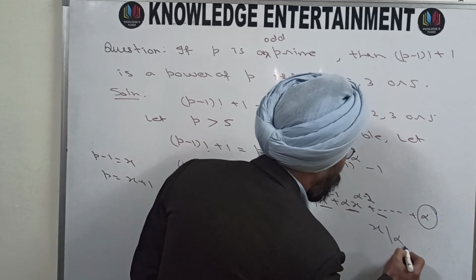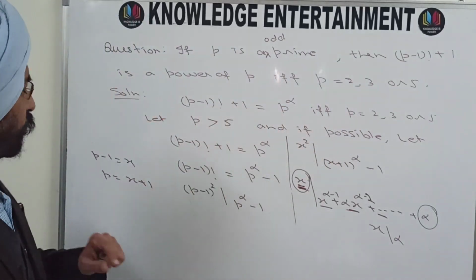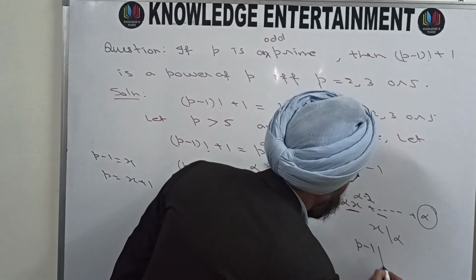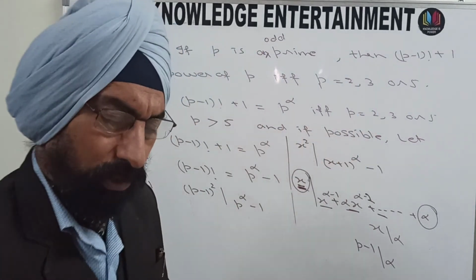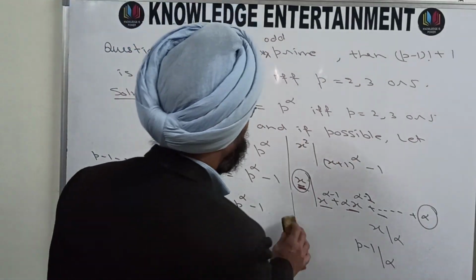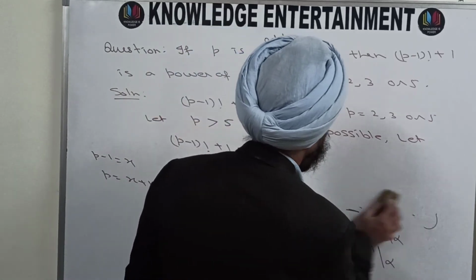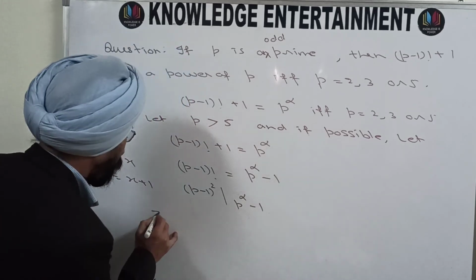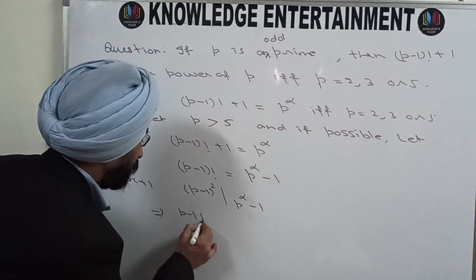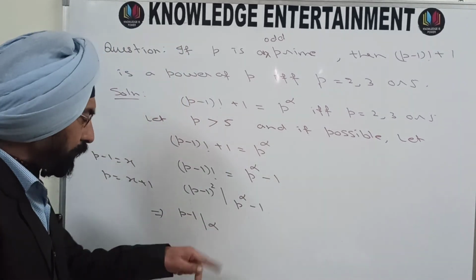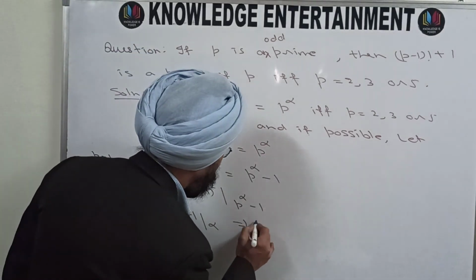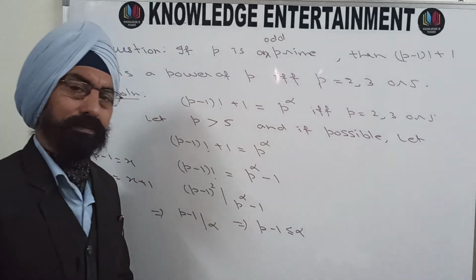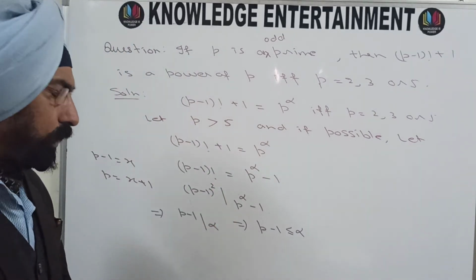So x divides alpha. What was your x? X is P minus 1. So P minus 1 must divide alpha. So from this step we can deduce that P minus 1 divides alpha. And if P minus 1 divides alpha, that means P minus 1 is less than or equal to alpha.